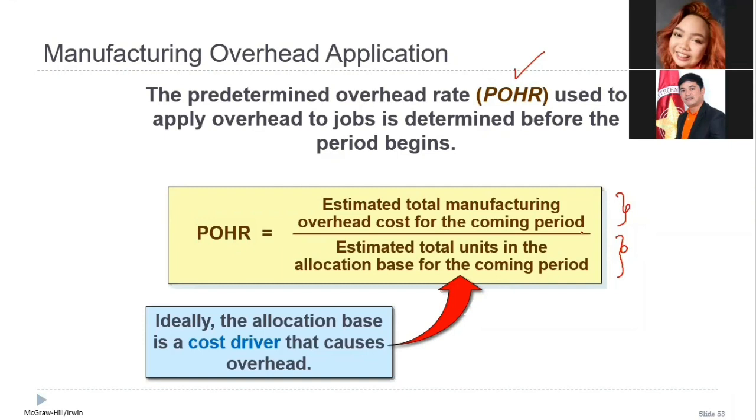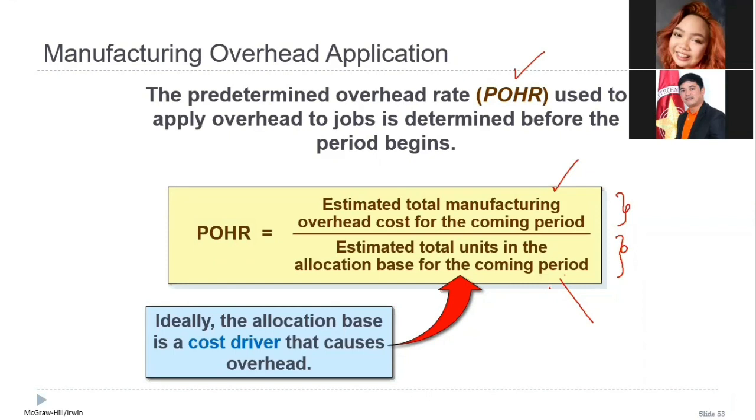Yung sinabi natin kanina. So, magkano kaya ang mai-incur natin ng manufacturing overhead? Estimate lang. Halimbawa, kung yan ay nakadepende sa machine hours, gaano karaming machine hours kaya ang magagamit natin for the entire coming period. Ayun, and then we divide that. Estimate lang po ito, we divide that, and then we come up with a predetermined overhead rate.